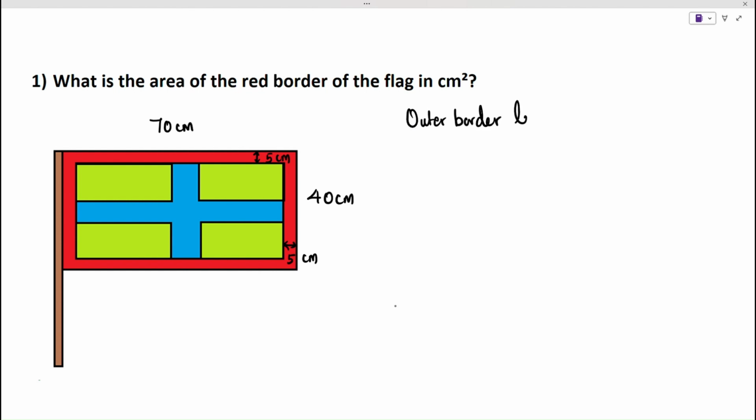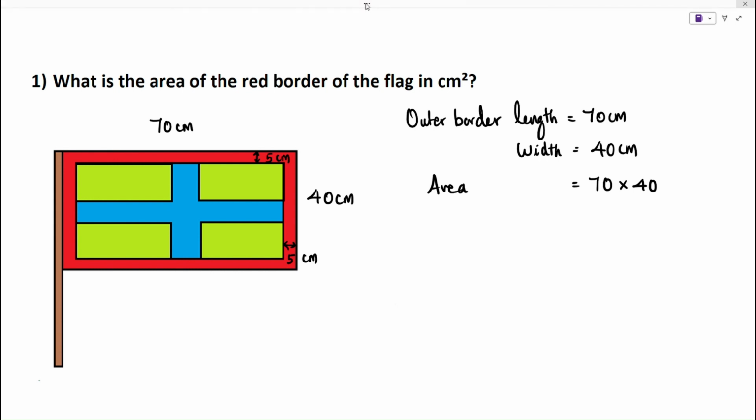So the total area of the flag will be 70 times 40. This will be in centimeters squared.